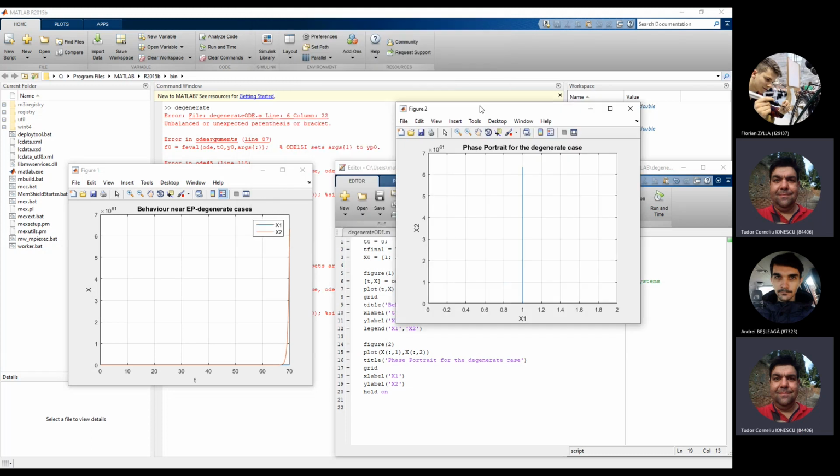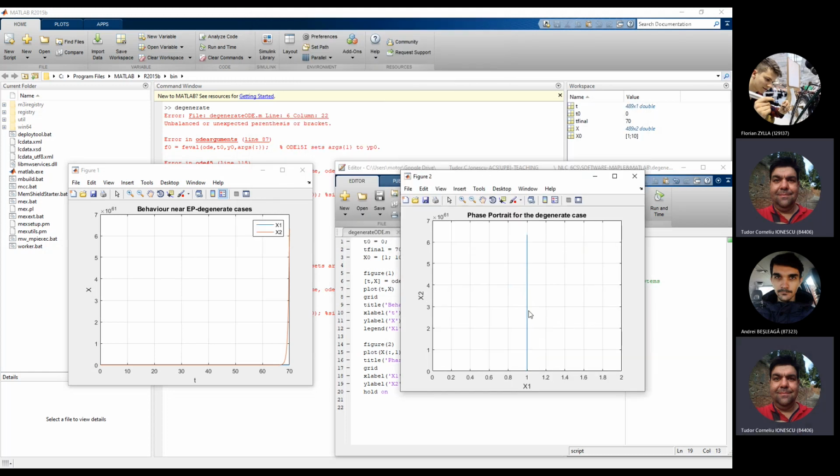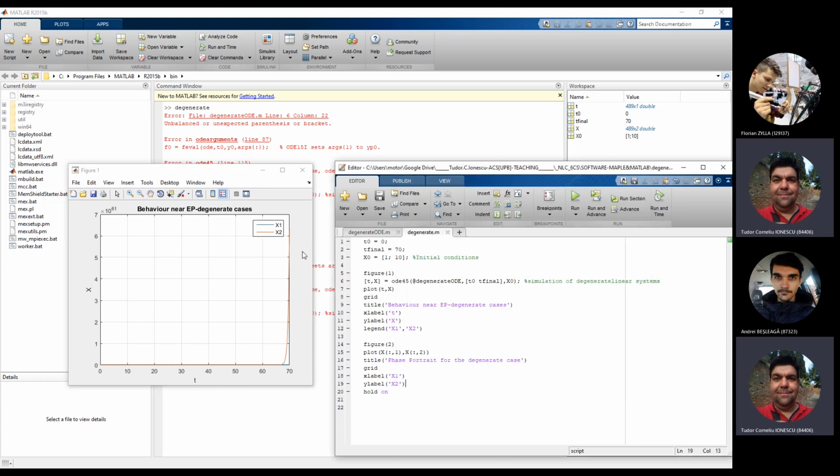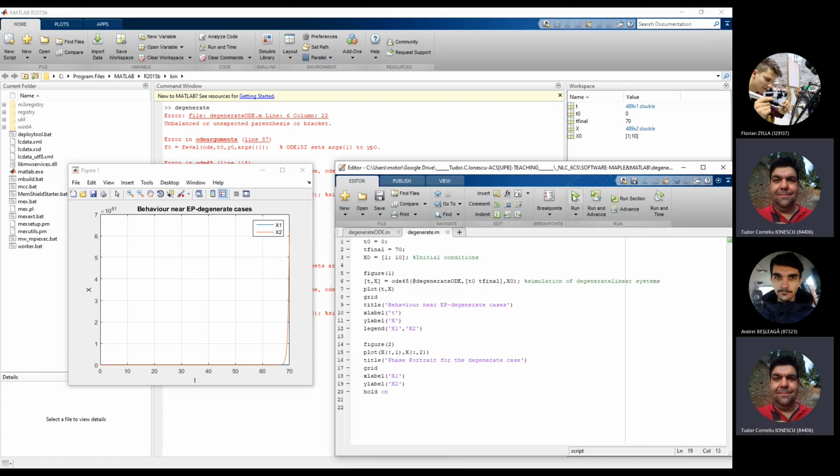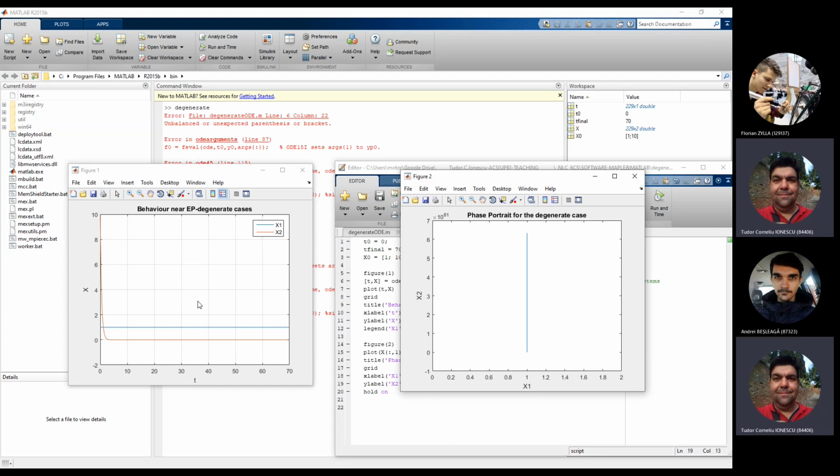Look, here it is. X1 is constant and X2 is running. And look, since L2 is an unstable eigenvalue, lambda 2 is unstable. Look here, it's positive. Maybe I should make it negative so we can see the stable part. Here, X1 is constant, always 1, and X2 now is stable. And look, this is the phase portrait.